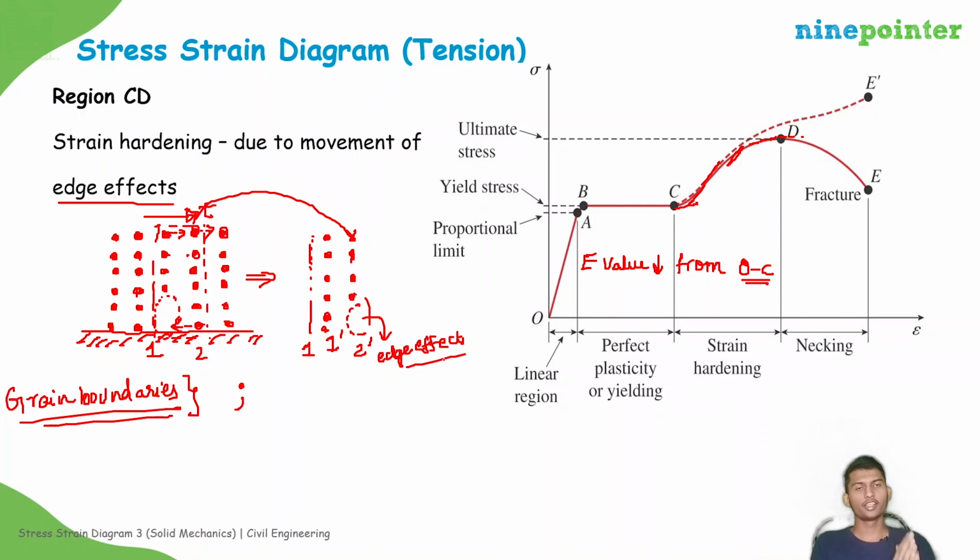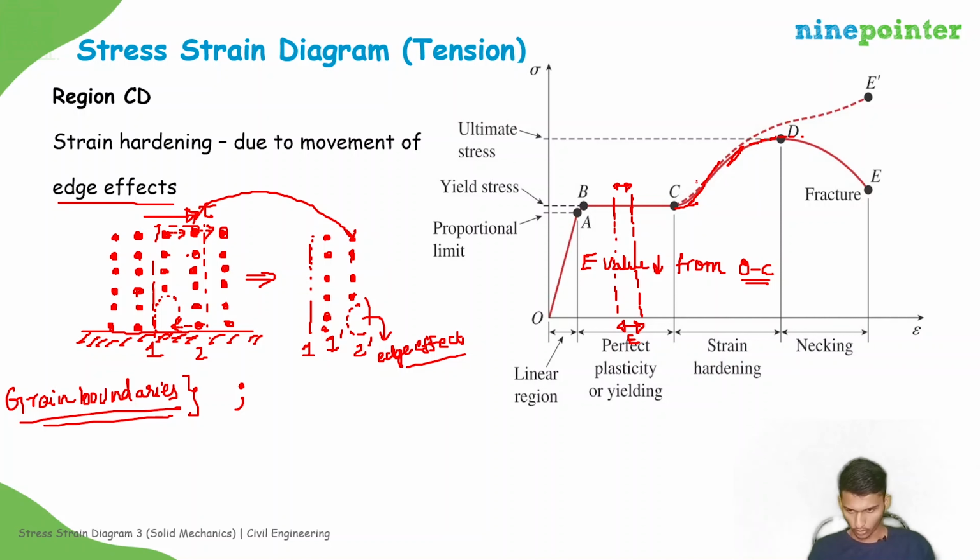This is about strain hardening. In strain hardening, because of the movement of the edge defects, the value of E will increase, right? Because of the increasing rigidness and stiffness, increasing the strain becomes hard, right? To increase the strain, we need to increase sigma more. See, if you increase from here to here, suppose this is 1 unit, the increase in strain will be this much, right?